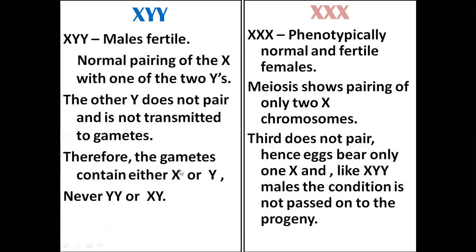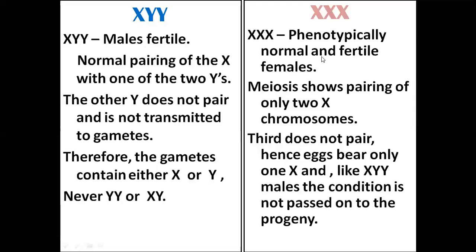Therefore, the gametes contain either X or Y chromosomes, and there is never a possibility of YY or XY chromosomes in the gametes. So XYY males are always fertile, and this seems to be normal.